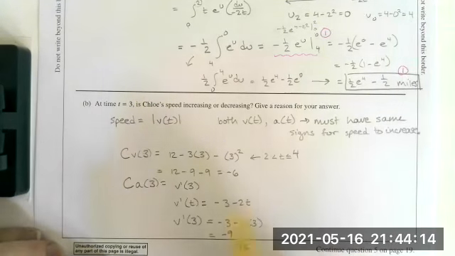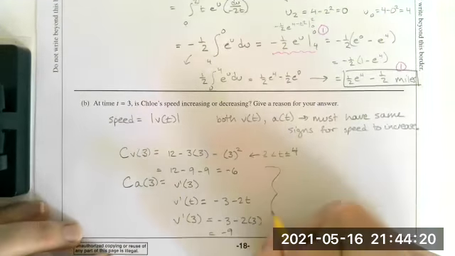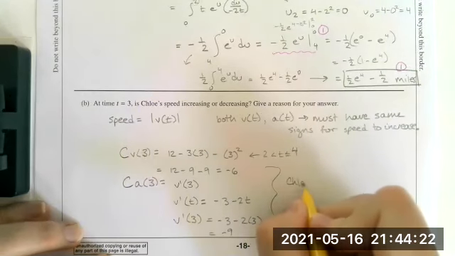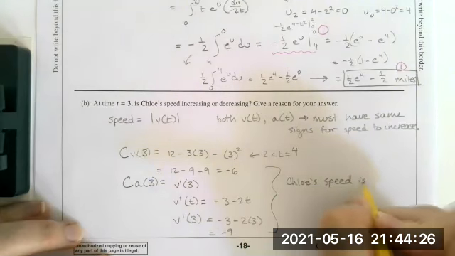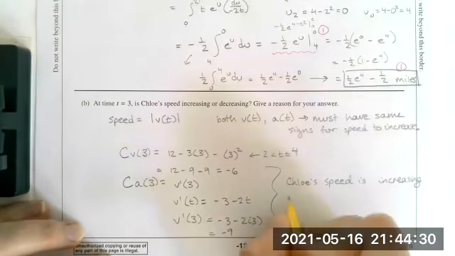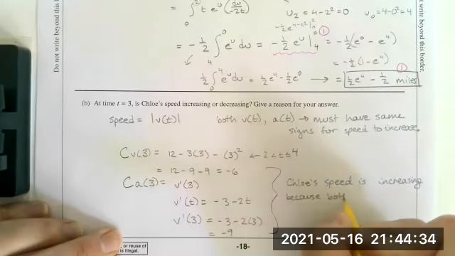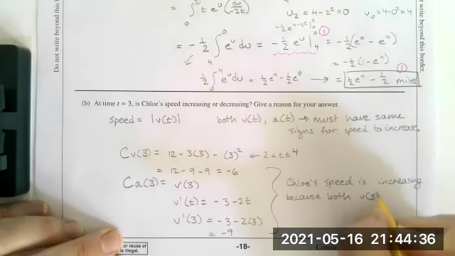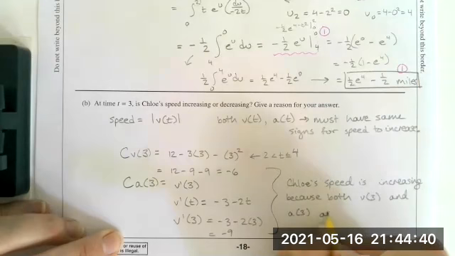So because both Chloe's velocity and acceleration are negative, Chloe's speed is increasing because both v of 3 and a of 3 are negative.